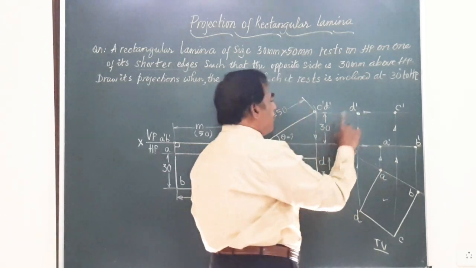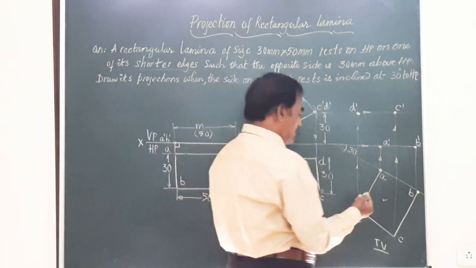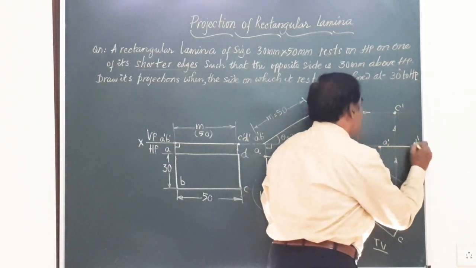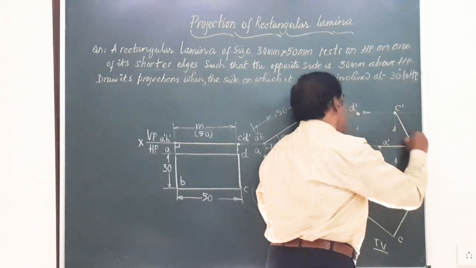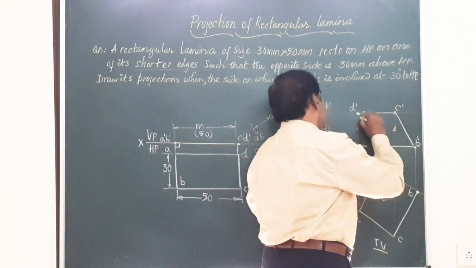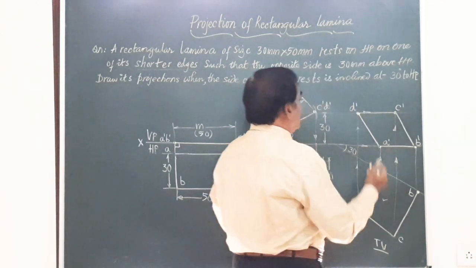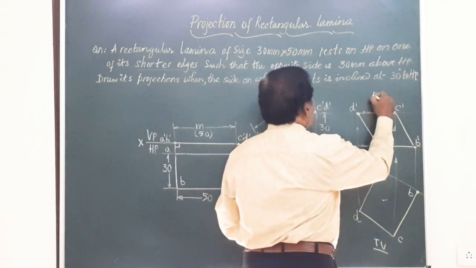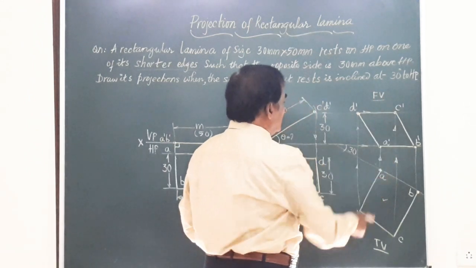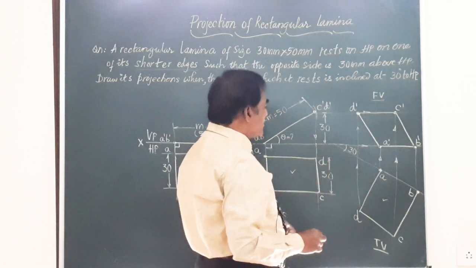Friends, we have got all the four corners of the plate. Let us join them by straight line. So I am going to join A dash and B dash, B dash to C dash, C dash to D dash, and D dash to A dash. So friends, we have got the final front view FV of the lamina when the edge on which it is resting, one of the shorter edges, is inclined at 30 degrees to VP.